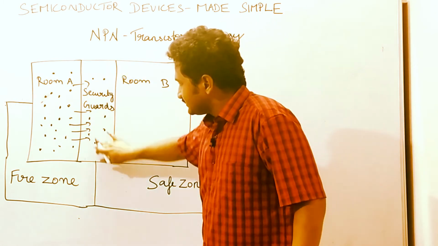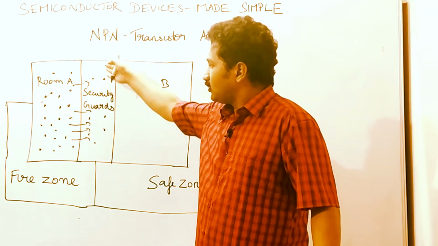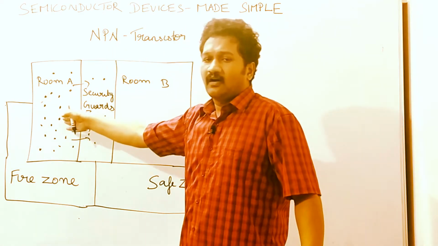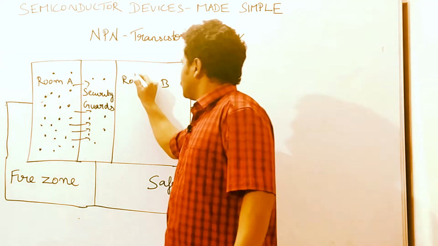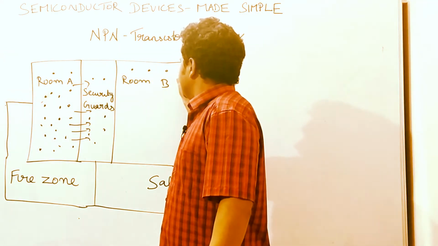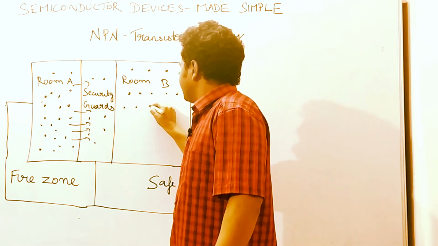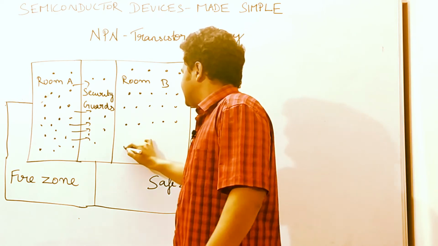So for example, with 10 security guards and 100 people, the security guards were able to hold off 10 people. The remaining 90 people are going into this room, which has more space and is comparatively safer.